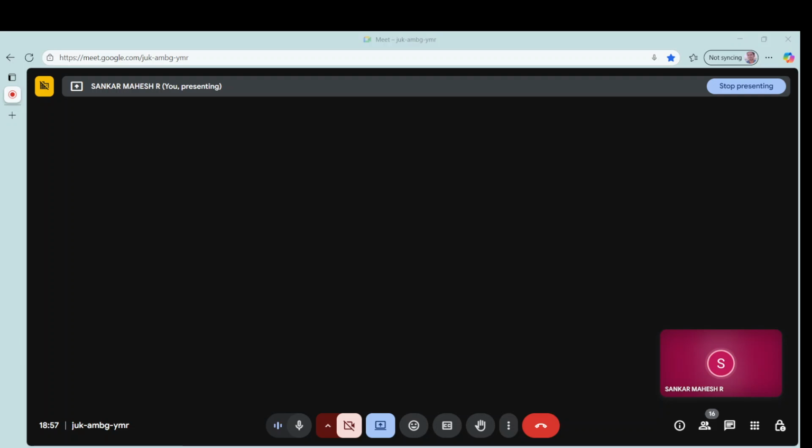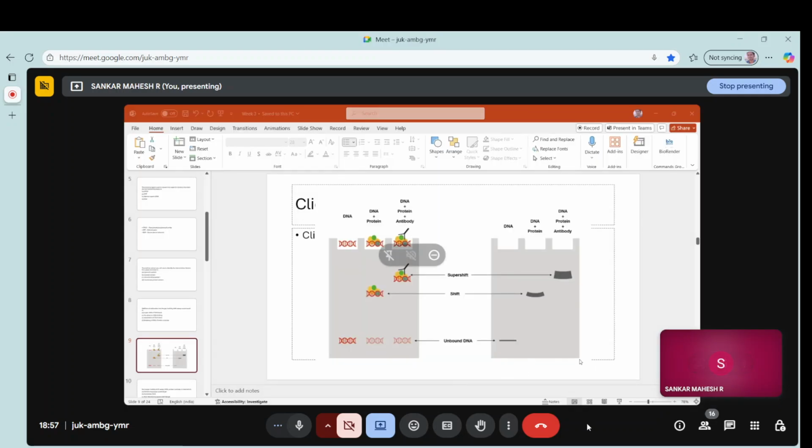But the goal of the experiment is to see if your protein is binding to your DNA. If you want to see that, you should be tracking your protein. So the antibody should be raised against your protein and not the DNA. Was it clear? Yes, I got it, sir. Okay, right.